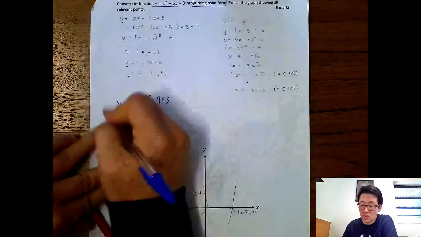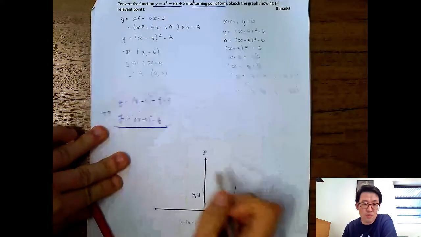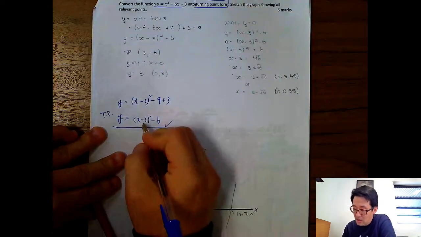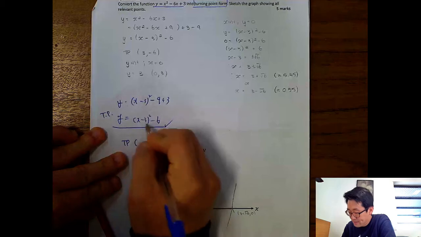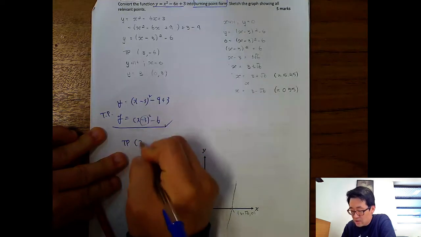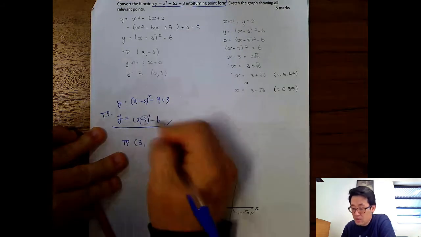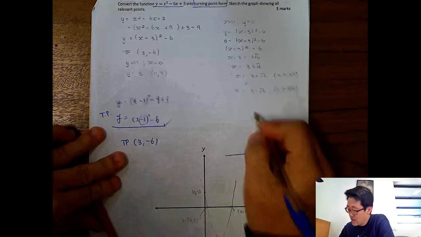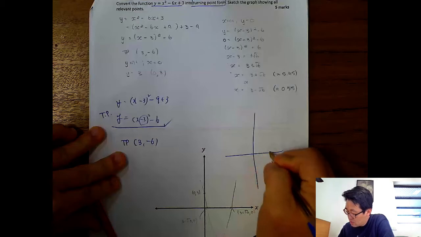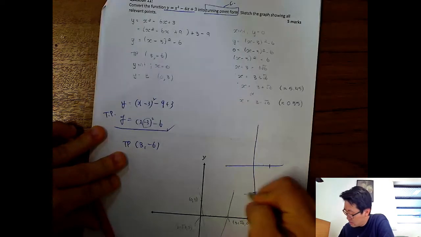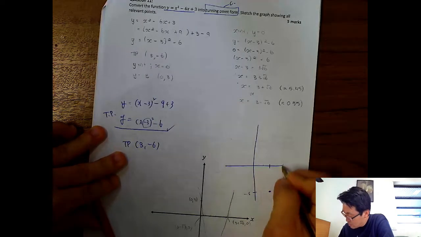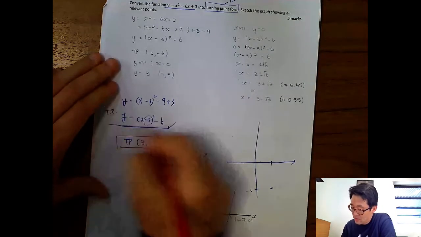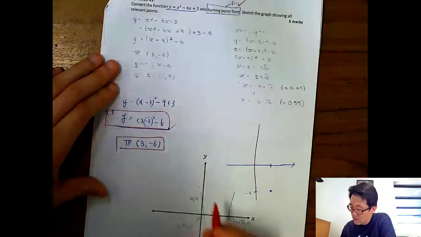I changed it to turning point form using the completing the square technique. And I know the turning point is, change the sign, 3 inside of the x and then minus 6 on the whole thing. So the turning point is 3, negative 6. That's going to be the turning point. So I did the first thing: turning point form, done that.